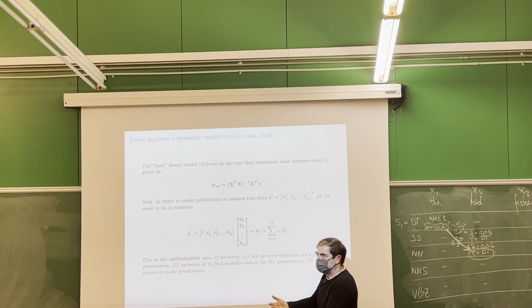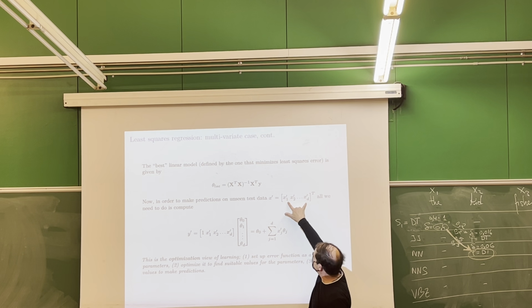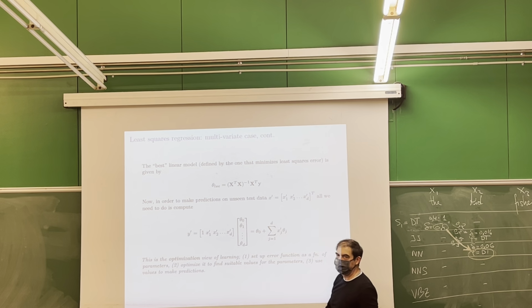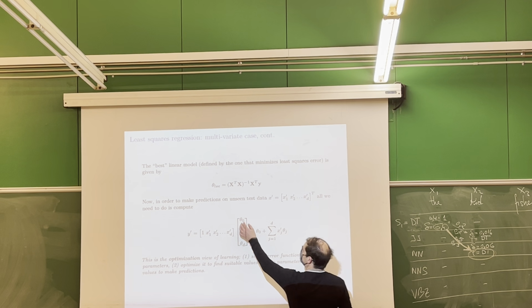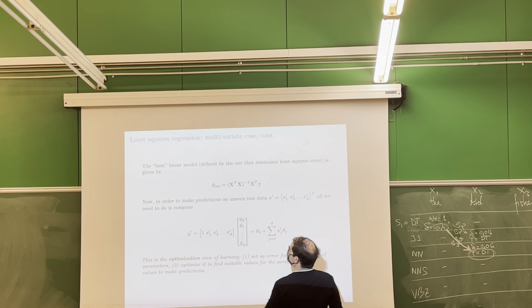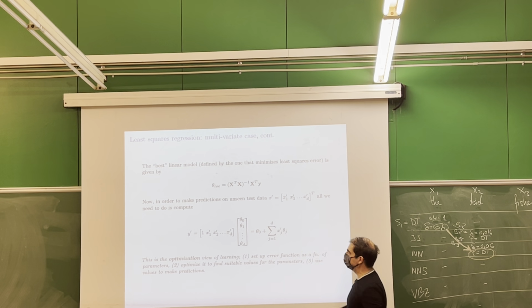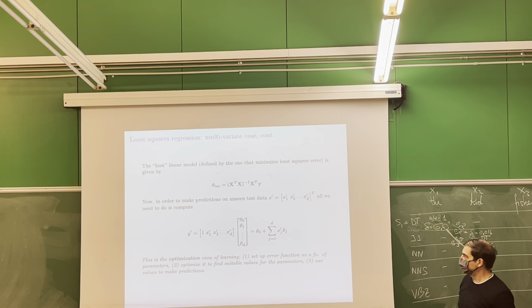That you want to predict the number of marbles, so this is my data. The thing that I have to do is to add a 1 because it will be multiplied by theta 0. These are the parameters that you have found, and if you do the product, you will see that you obtain the linear prediction with the parameters that you have found.